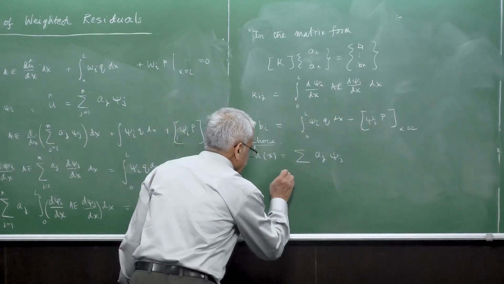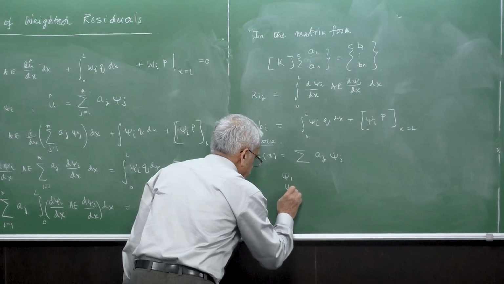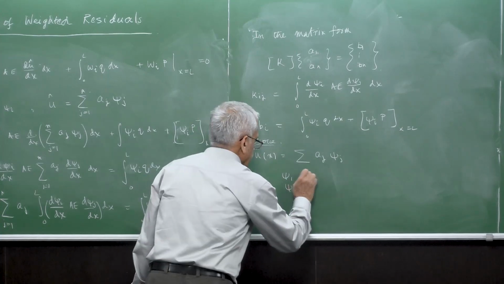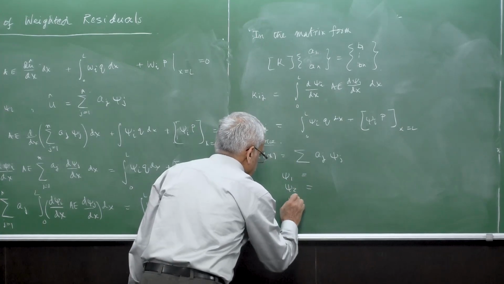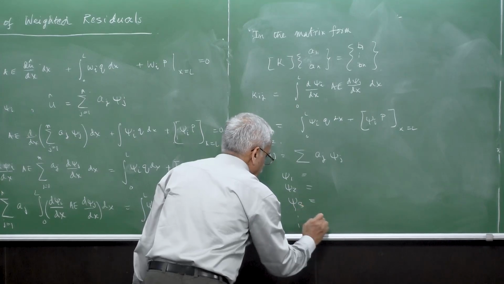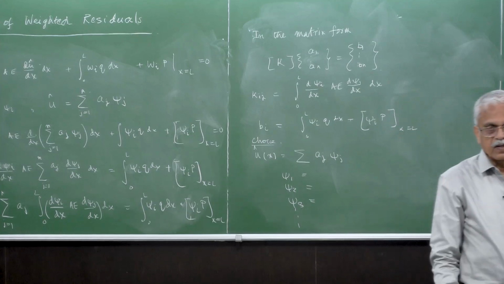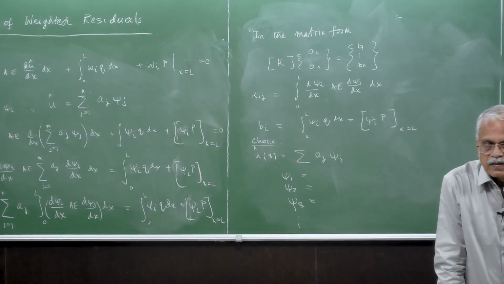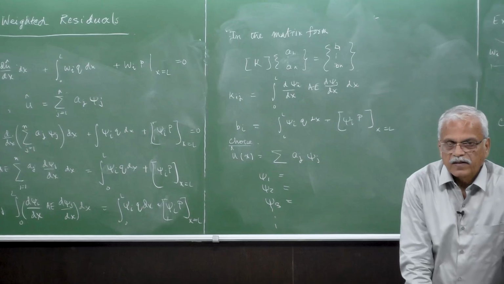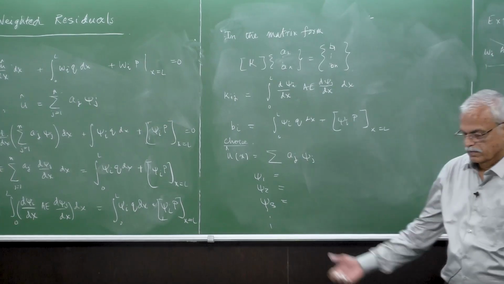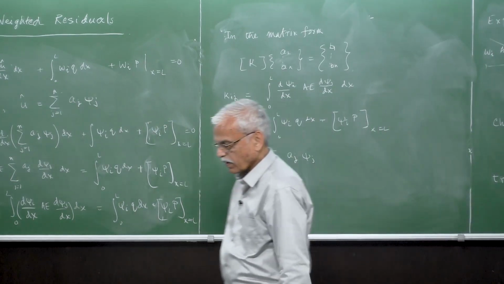What is psi_1, psi_2? If you want to make a choice, if you take polynomial terms, for example, then what are psi_1, psi_2? These have to be something in terms of x or L.